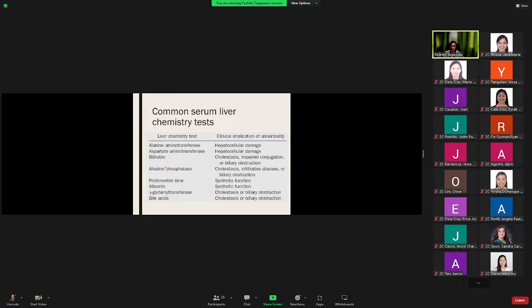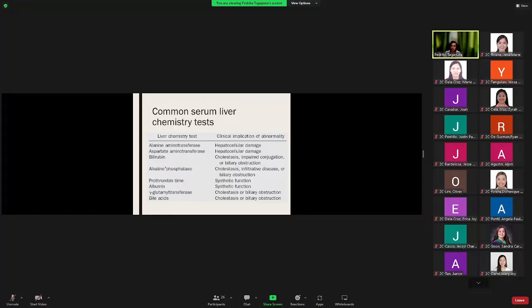Alkaline phosphatase, on the other hand, later you will know why, is used to assess infiltrative disease of the liver. Masses or even TB of the liver can be infiltrative.